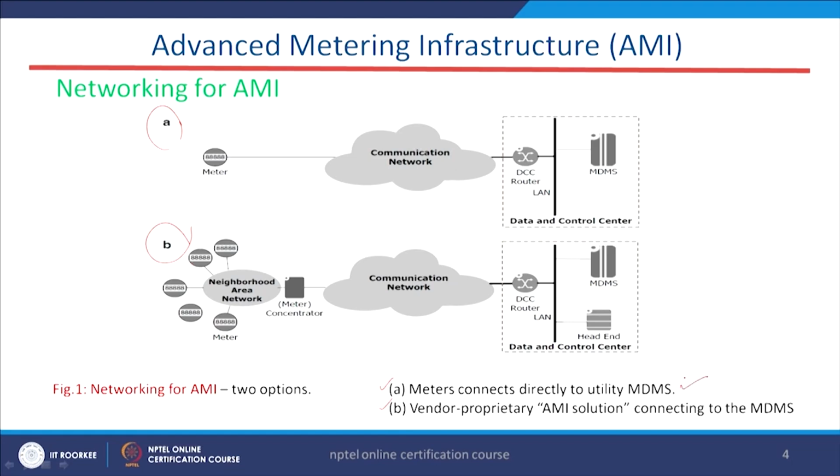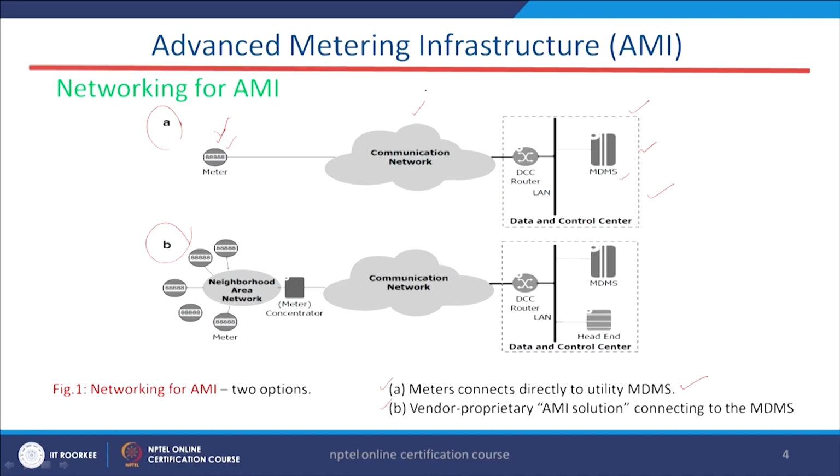Figure A tells that the smart meter is connected directly to the data control center or to the MDMS. This is the utility side and this is the customer side. So, these two devices, the meters and the MDMS, are connected using a dedicated communication network.